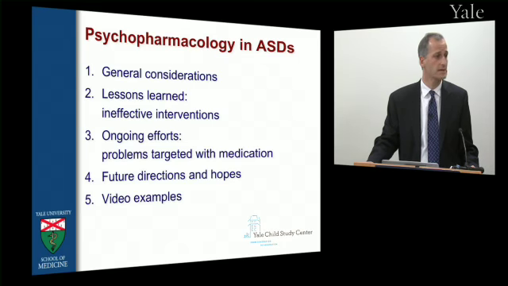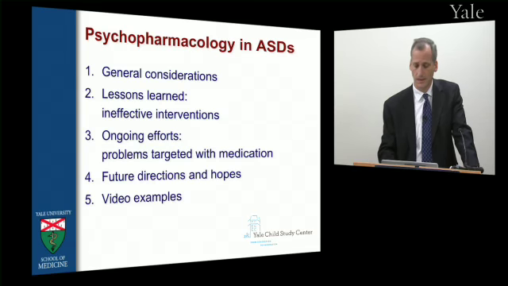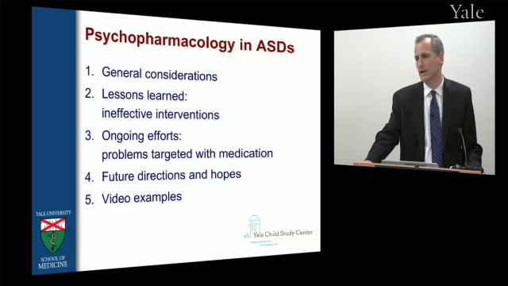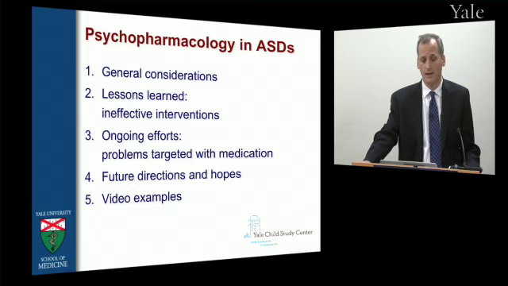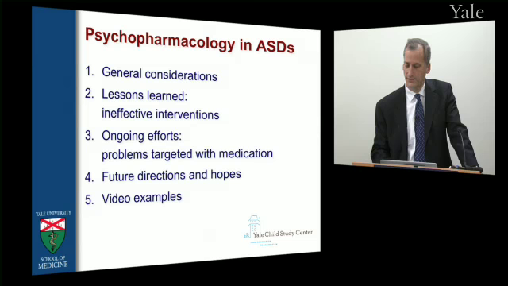What have we learned systematically about how best to use medication in children and adolescents with autism? And finally, very briefly, I'll play the role of a reader into the future and try to look into my crystal ball and try to make some predictions with you all about where I think medication might be going in the years to come. Again, in the last couple of minutes after we turn off the video, I have a couple of video examples of actual kids.